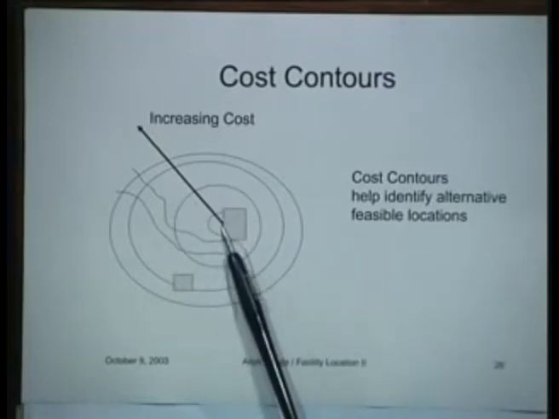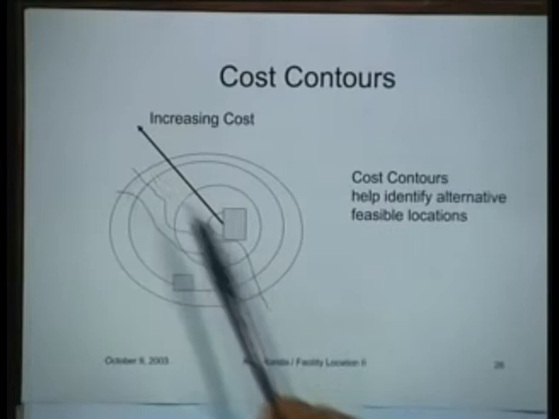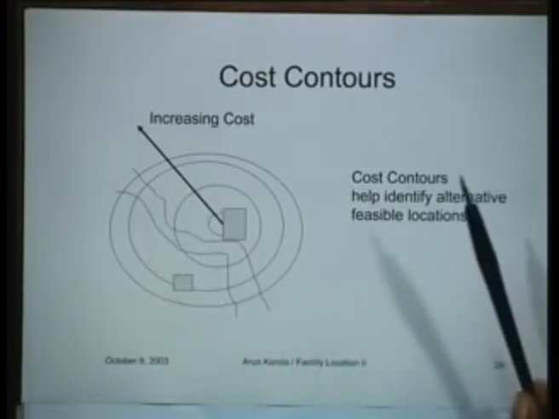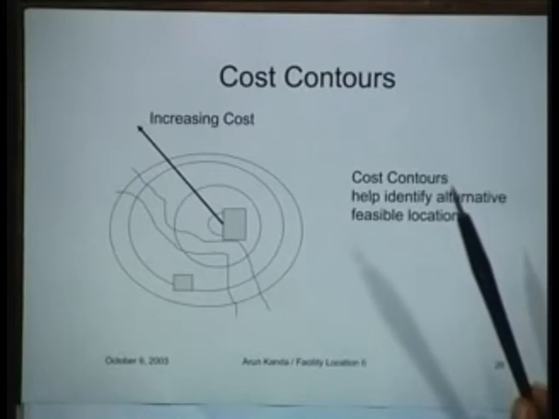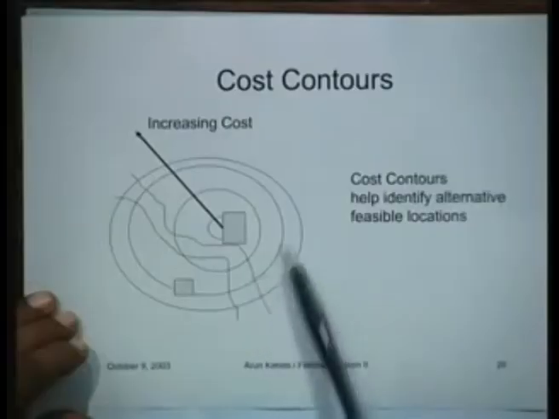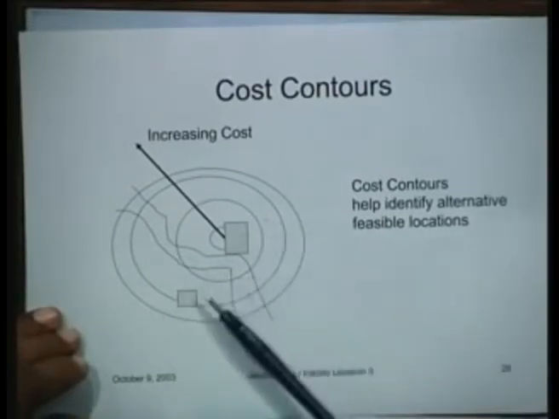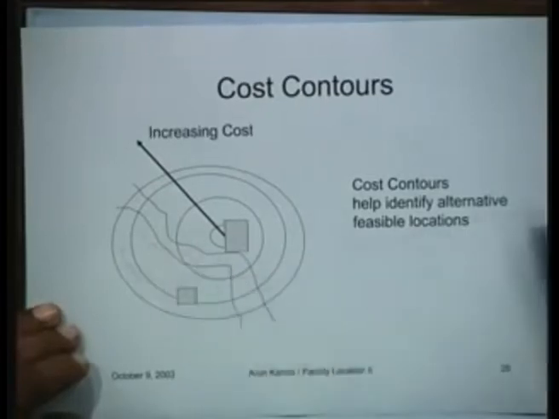So this is the minimum cost, optimum location, and cost increases by 5%, by 10%, by 15%, by 20%, whatever it is, and you have lines of constant cost. This will help you to choose an alternative location. These are very much like lines of constant height on a geographical map. Similarly, you have lines of constant cost, and this mapping, once it is done, would give you ideas as to which side you should shift, where the cost is lesser, where the cost is more. There are procedures to develop the cost contours, and in the tutorial exercises you will have an opportunity to develop these cost contours.